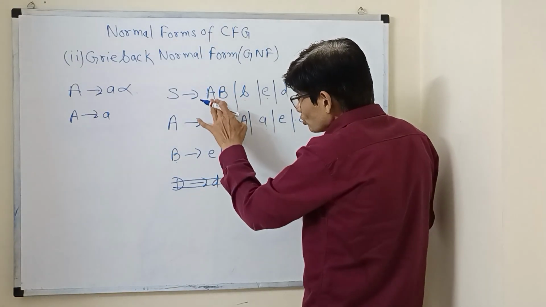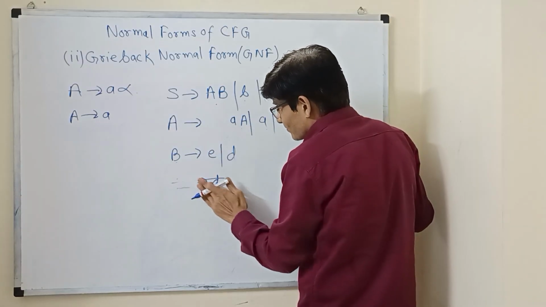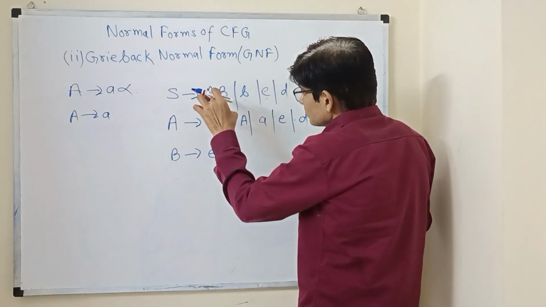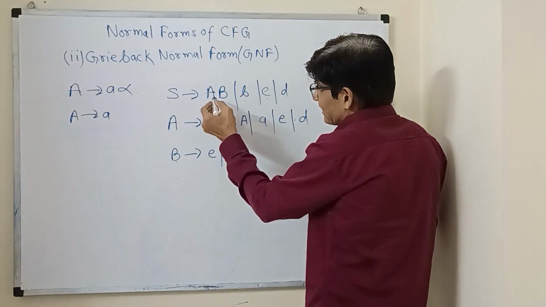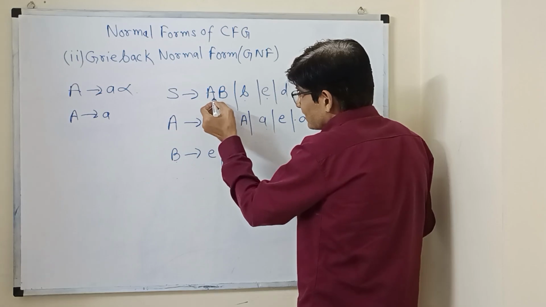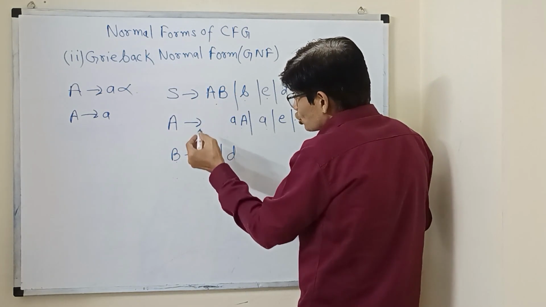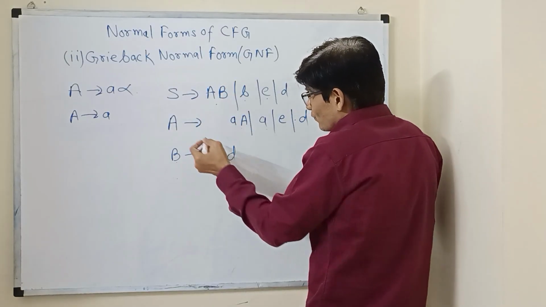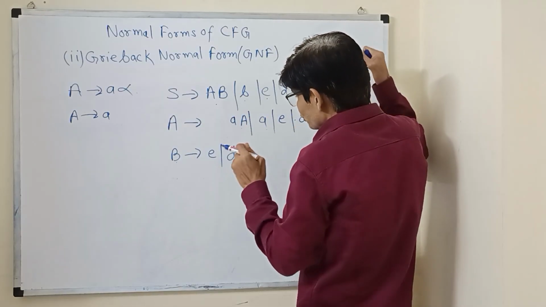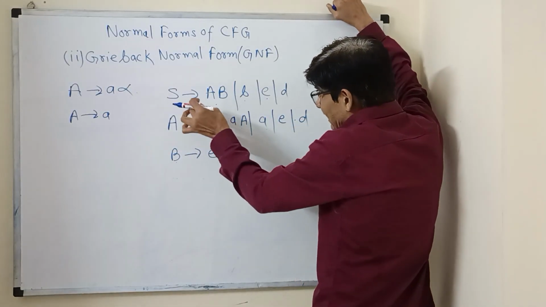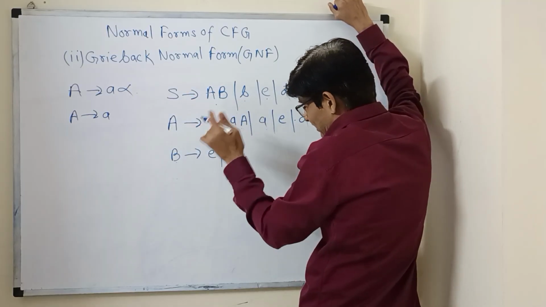Now how to convert this particular production into GNF, that we will see. At the right hand side we have A at the first position. So we can replace this A with all its productions, which are already in GNF. Now I will replace this A with all its productions.